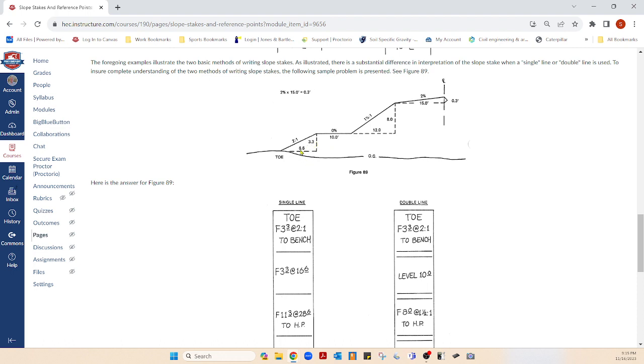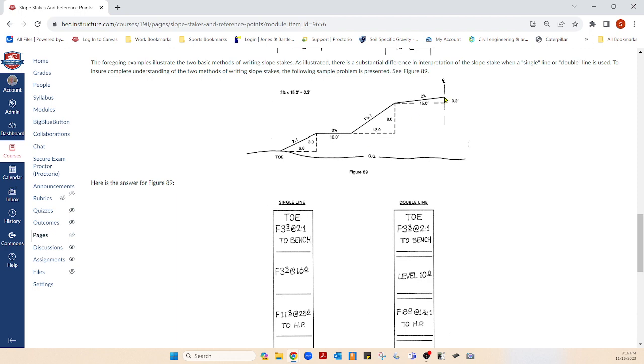So how far out is it? 6.6, there is 10, so that's 16.6. And there's 12, so that's 28.6. And what does it say here? 28.6. Fill 11.3 at 28.6. And now it puts me here.